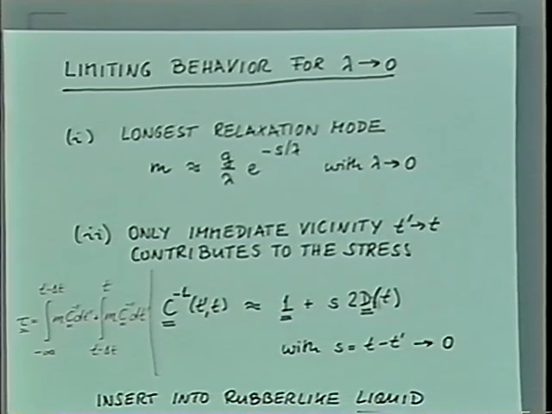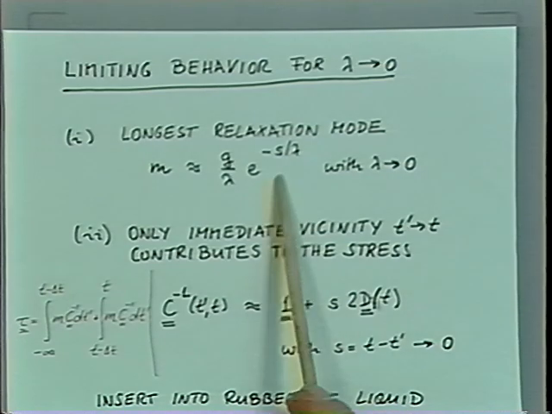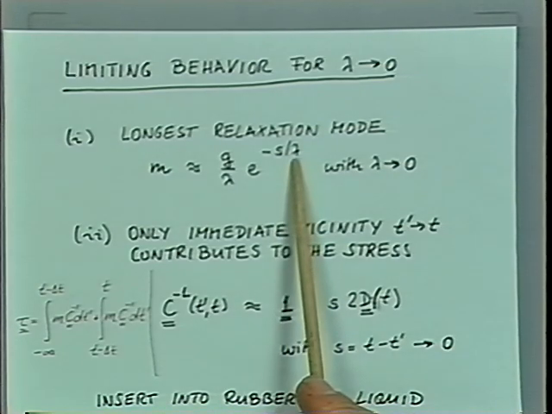In the limit of very short times, a liquid which relaxes very quickly, the large rubber-like liquid equation reduces to the Newtonian liquid equation. Now I want to show that to you. The derivation doesn't require the entire relaxation time spectrum. We just take the longest mode here and say that if there are some shorter modes involved, that's okay too.